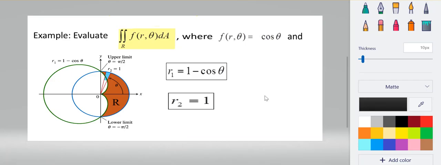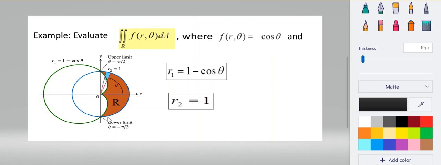Okay, guys, now let's take a look at this example. I provided this example for you. We want to evaluate this double integral in polar form, f of r and theta dA over R. Here, f of r and theta is cosine theta. And the boundary region R is this, just like the previous example in the previous file.